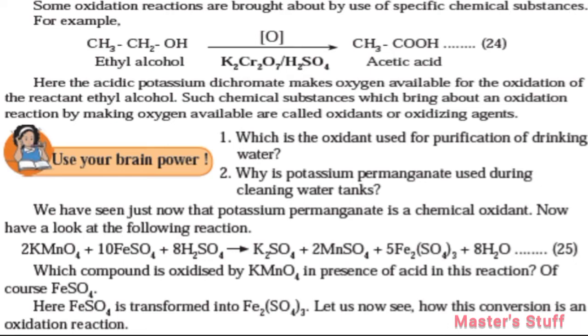Now have a look at the following reaction. 2 KMnO4 plus 10 FeSO4 plus 8 H2SO4 gives K2SO4 plus 2 MnSO4 plus 5 Fe2(SO4)3 plus 8 H2O.